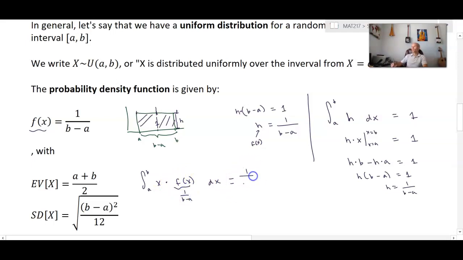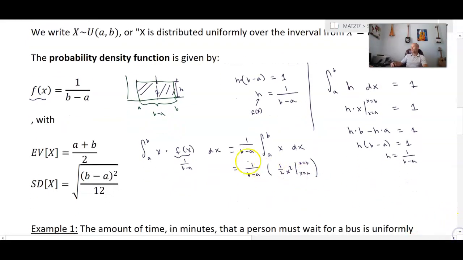That's our probability density function. And then it's going to be times the integral from a to b of x dx. Okay, so this is going to give us 1 over b minus a times 1/2 x squared. It's the antiderivative of x. You take the derivative of 1/2 x squared, you'll get x. And we're going to evaluate this from x equals a to x equals b.